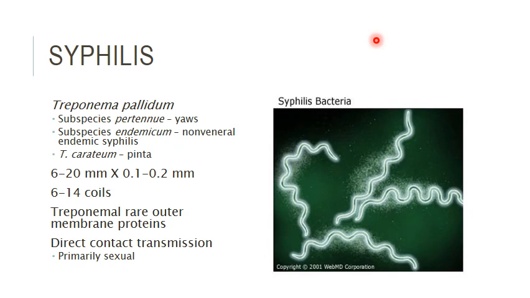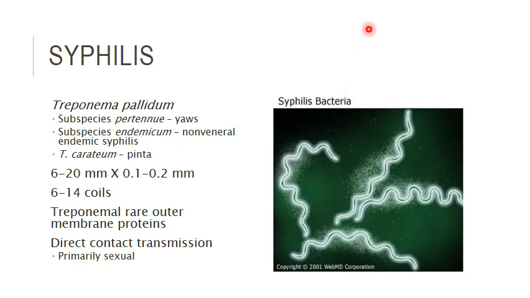The organism itself is pretty small. It can be 6 to 20 micrometers long, so they can get pretty long, with only 0.1 to 0.2 micrometers in width. That's kind of like a wavelength, measured from peak to trough, I guess, if you're measuring across.